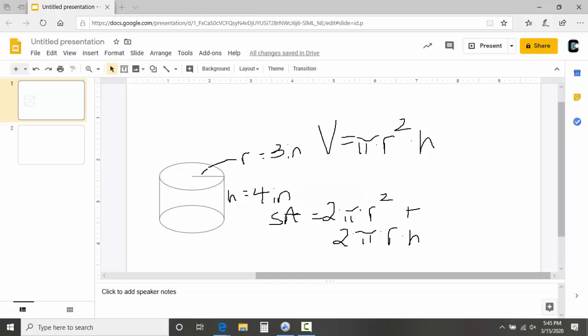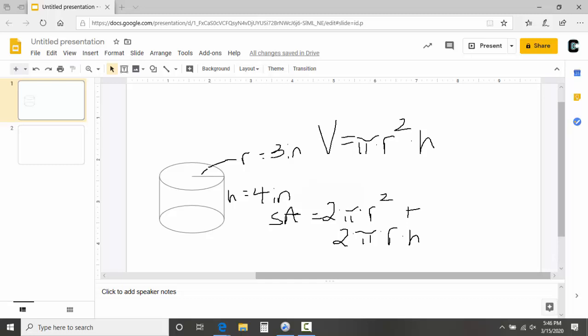Can you point to the greatest common factors on the screen? Okay, so I'm not Dora, but I think you can see that each of these terms has a 2, a pi, and 1 radius. The first term has a radius squared, but the second term has only a singular radius. So we can greatest common factor out a 2, a pi, and a radius.